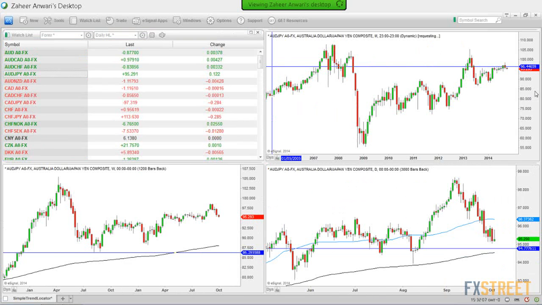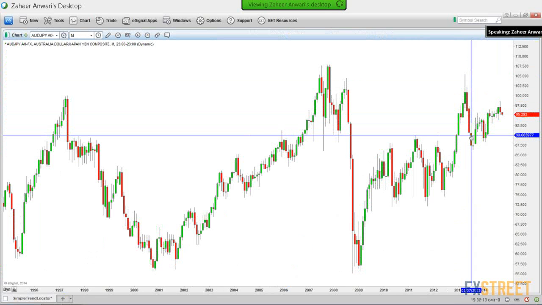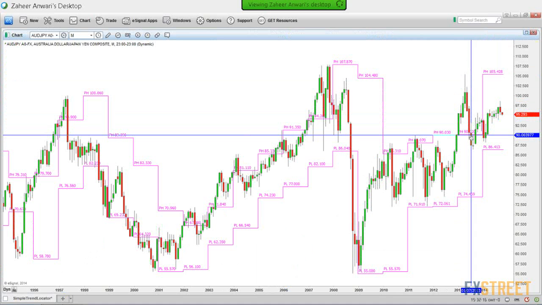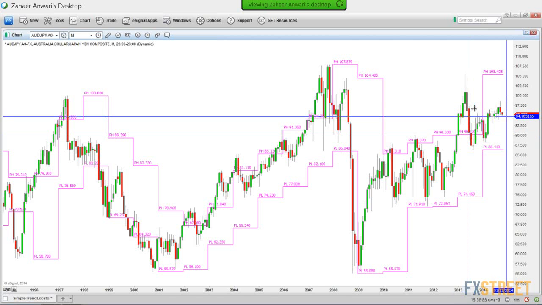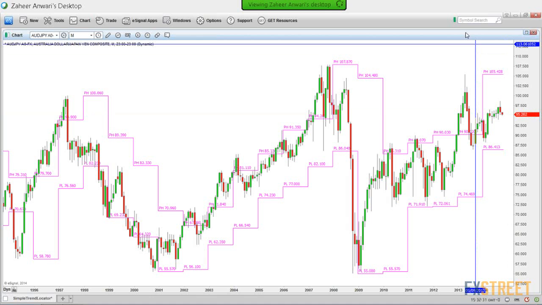Okay, so looking at the monthly chart, we can see that the Aussie Dollar Yen is just basically very messy. So again, this is not something that I'm really interested in trading because you can see the Euro dollar, the Aussie dollar, US dollar, the New Zealand dollar, US dollar, much better trends in play on other currencies. This is quite messy at the moment. But what we do have is the 100 figure acting as resistance, and we've had weakness.